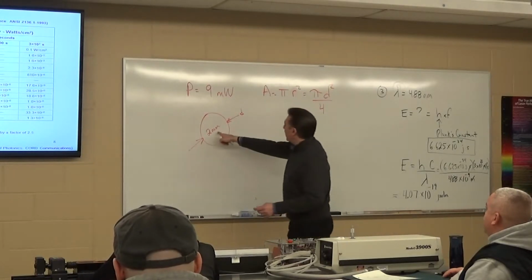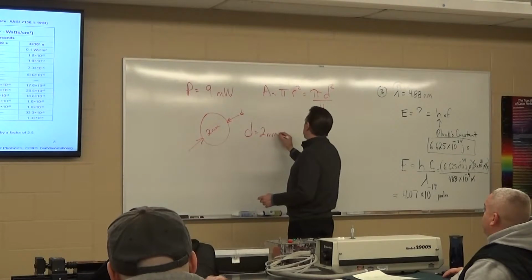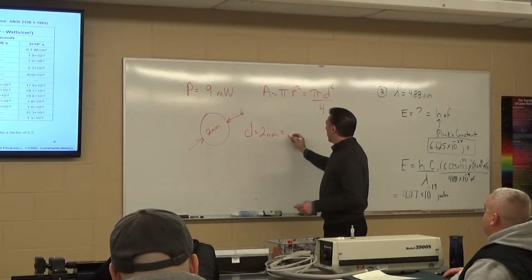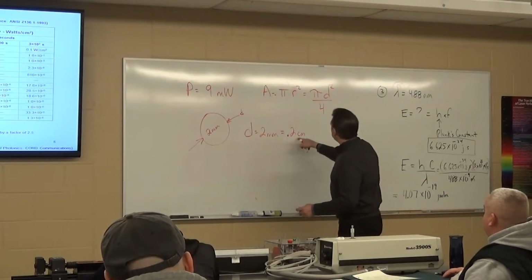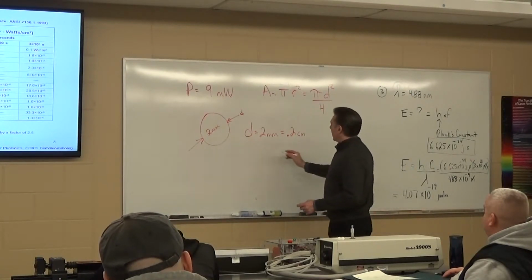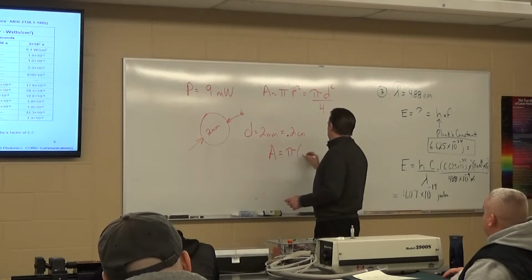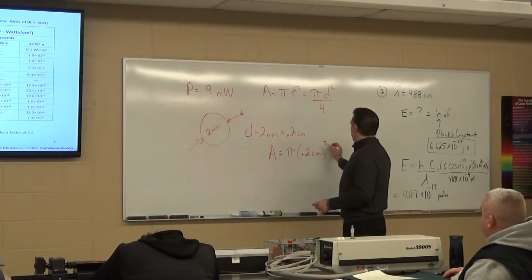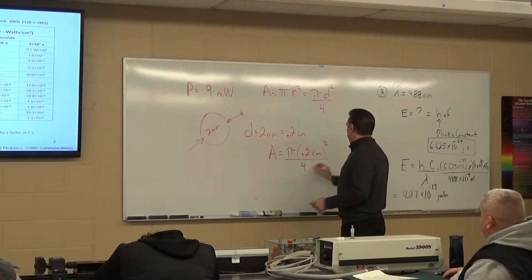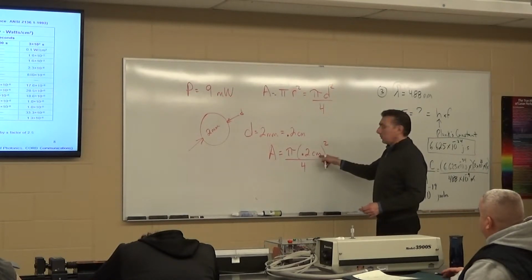So if we've got a diameter of 2 millimeters, that's the same as 0.2 centimeters. If we plug it into our area equation, the area of that beam is pi times 0.2 centimeters squared divided by 4. When you square this, you square the 0.2, but you're also squaring the centimeters.